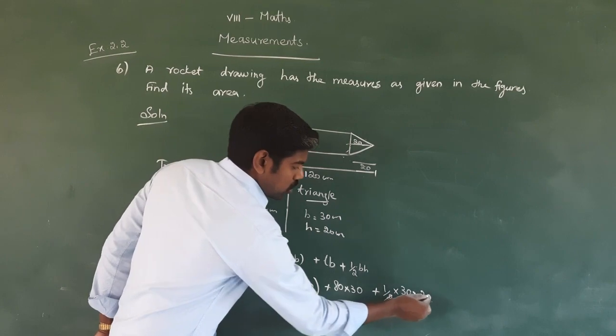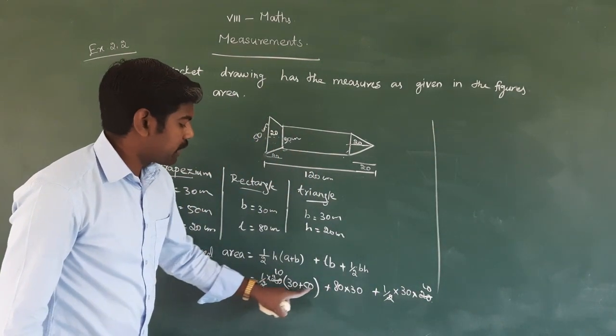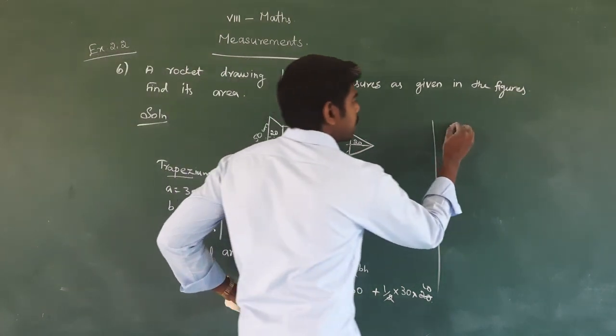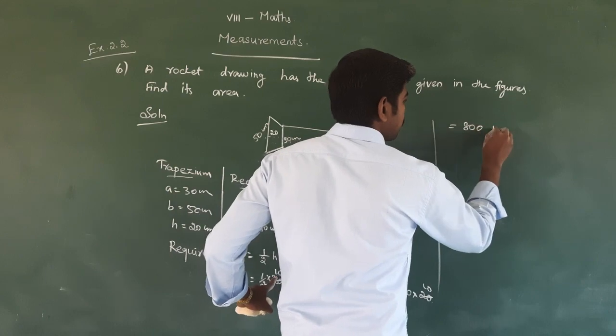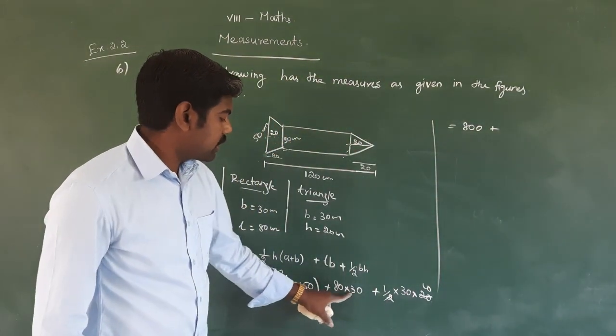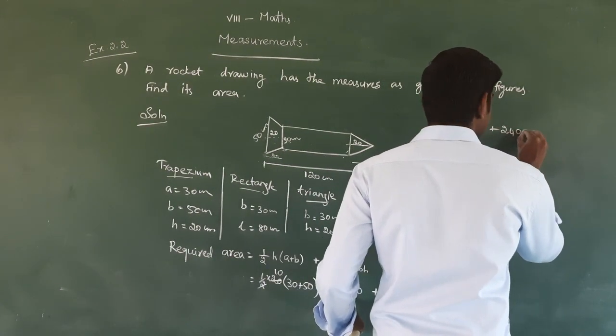2 tens are 10. So what do you get? 10 of (30 plus 50). 30 plus 50 is 80. 80 multiplied by 10 is 800. 800 plus 80 multiplied by 30. 8 threes are 24, again 2 zeros, 2400.